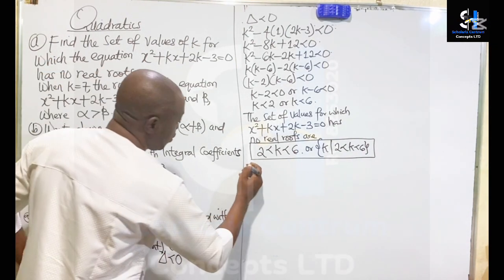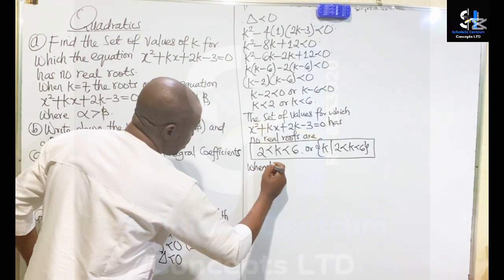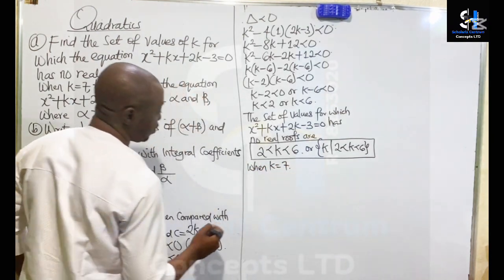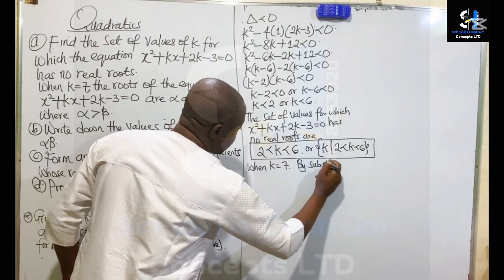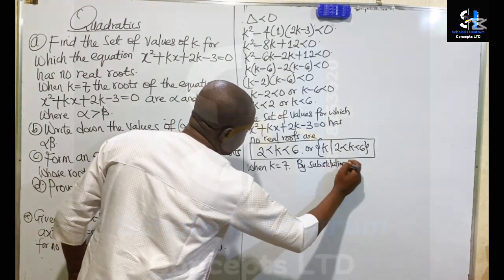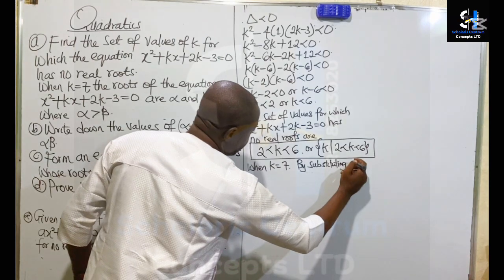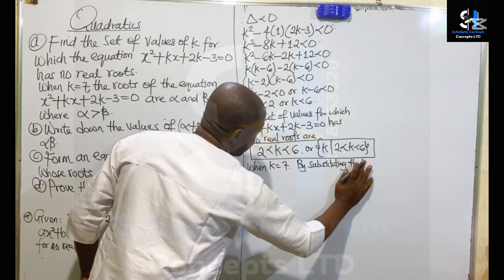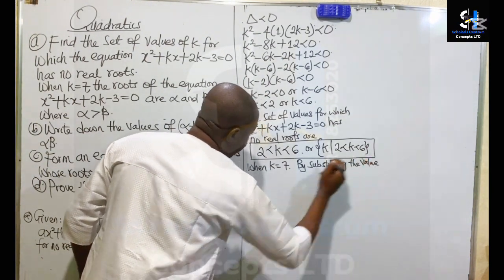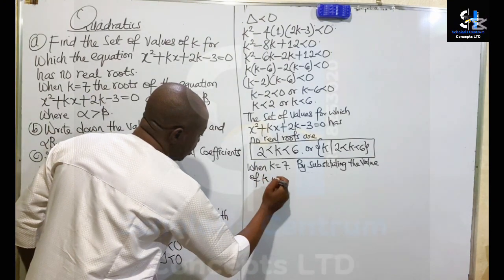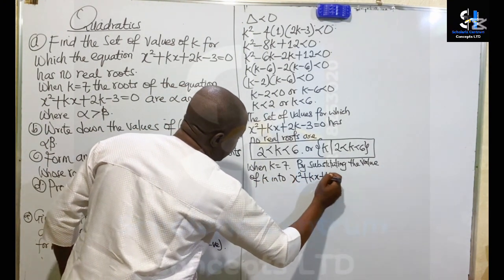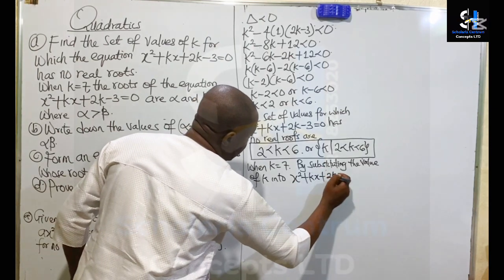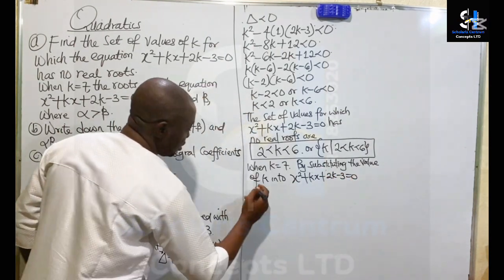So when k equals 7, by substituting the value of k into x squared plus kx plus 2k minus 3.